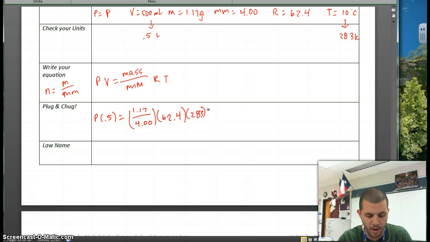So I'm going to do 1.17 divided by 4.00, enter, times 62.4 times 283, enter. And I get 5,165 equals P times 0.5.